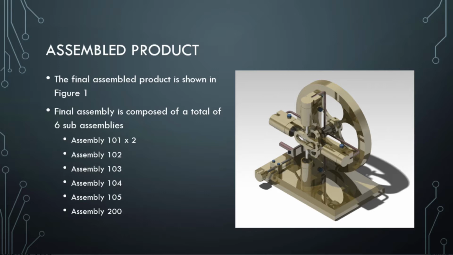Both assembly number 101's pistons go into the cylinders. The crossheads of the assembly number 101's contact the roller bearing screw, and as the pistons are forced in and out, make the roller bearing screw turn, which then makes the flywheel turn as it is attached via the crankshaft.